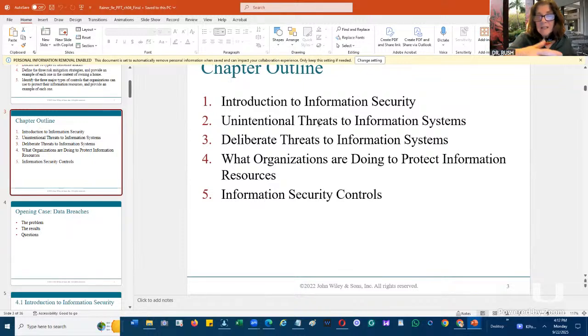So for instance, if you have a password, right? You have some passwords and you leave your computer and somebody goes in with your password there, that was unintentional. Deliberate threats are actually people that are into the system trying to do damage. You got that? The difference, Brandon, between unintentional and deliberate.